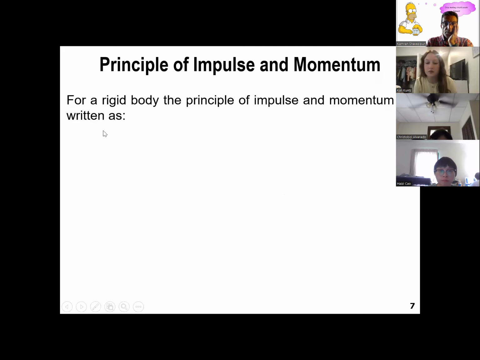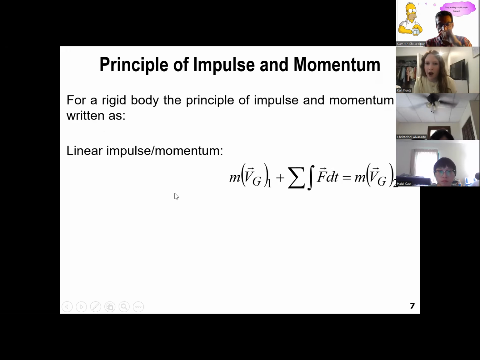Now, let's talk about the principle of impulse and momentum for a rigid body. I'm going to go back to the tablet to write this down one by one and derive it. It's not a big derivation, but just to show you where this comes from.